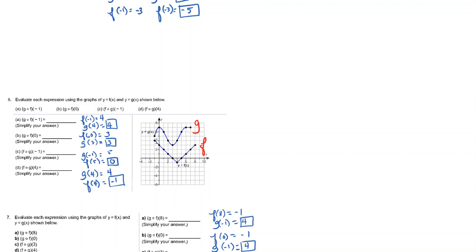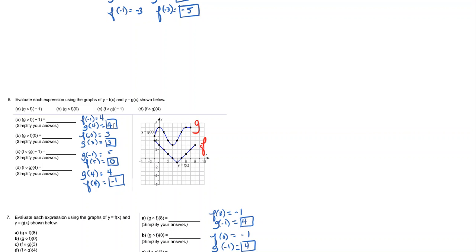Right there, the y value is 4. So f of -1 is 4. Then I go back to the x-axis at 4, and I move till I am on the g line. The y value there is 4. So my final answer is 4.